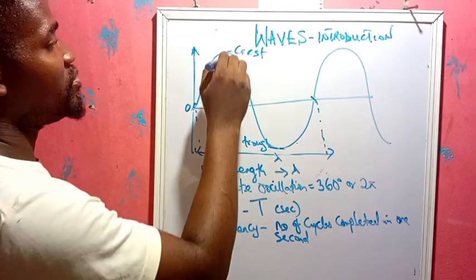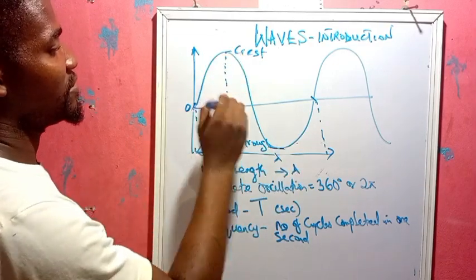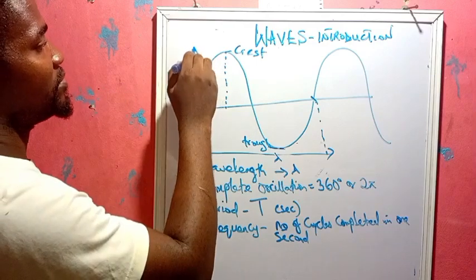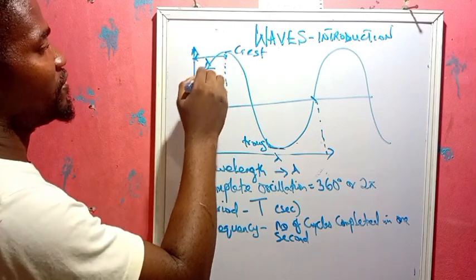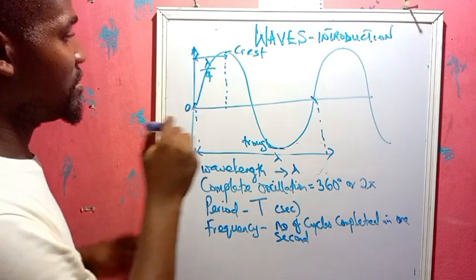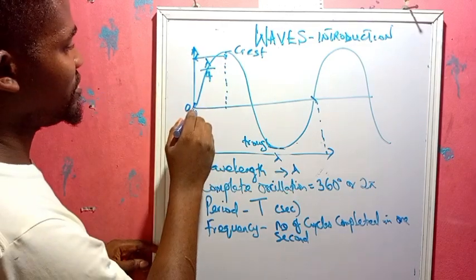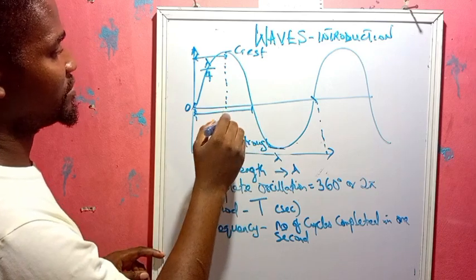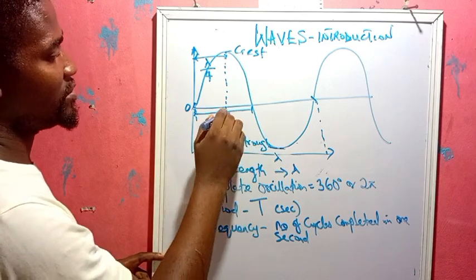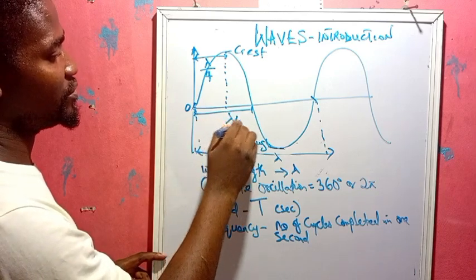Lambda. Meanwhile, from here to this point here is lambda over 4, while from here to this point is known as lambda over 2.